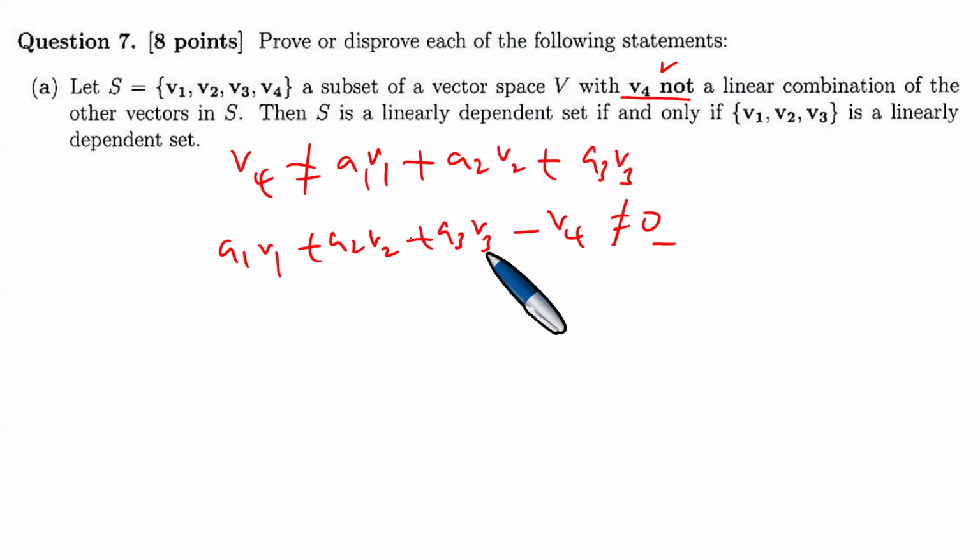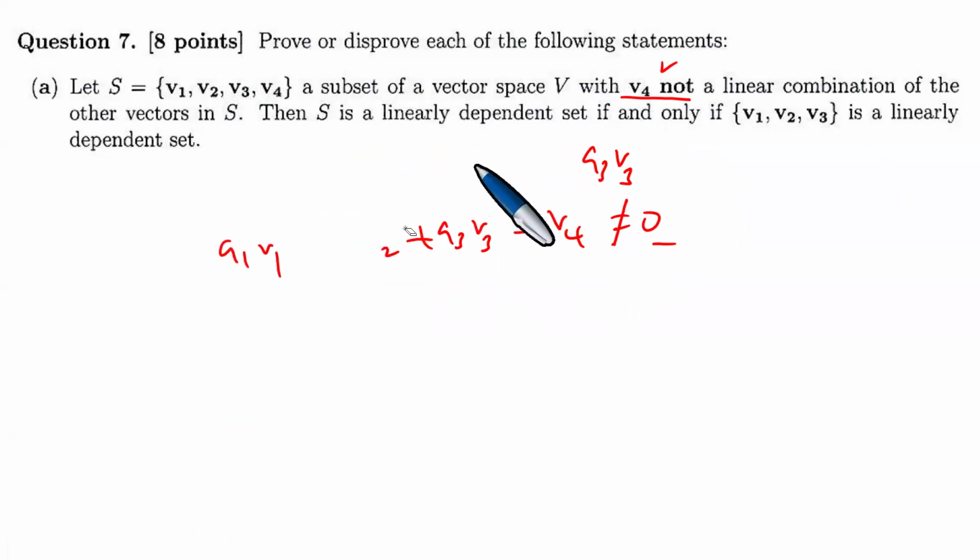So now we are dealing with a set. Because S has 4 elements, you have 4 vectors. S is a linearly dependent set if and only if the 3 vectors themselves form a linearly dependent set. We're saying that if V4 were a linear combination of these, it would imply you write it like this, and the set S would be linearly dependent. So I want us to prove this.